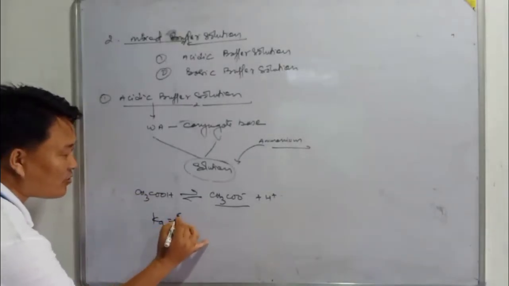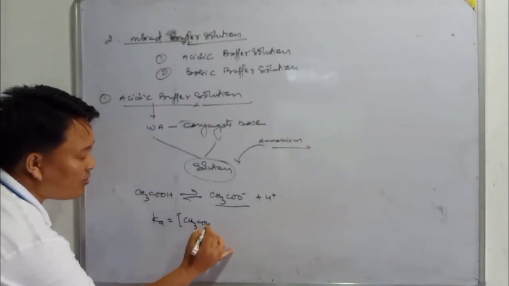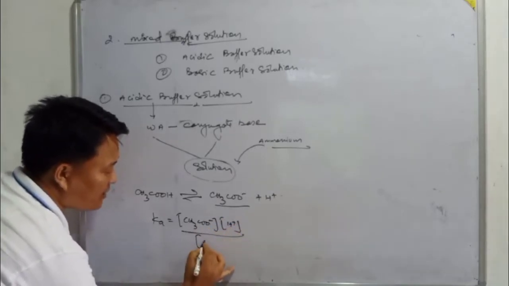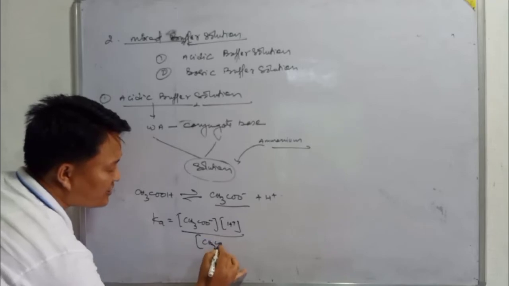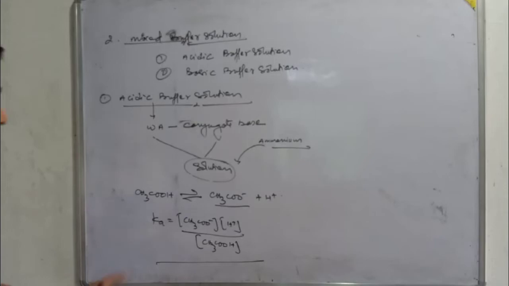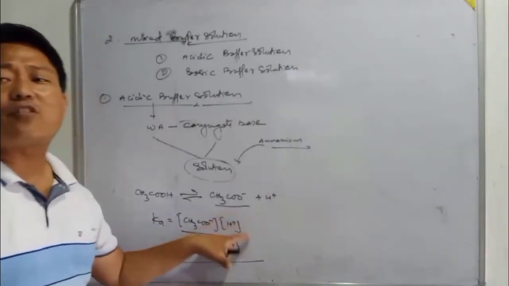Therefore Ka is equal to the concentration of CH3COO minus times the concentration of H plus divided by the concentration of CH3COOH. So Ka value we can find from here also.